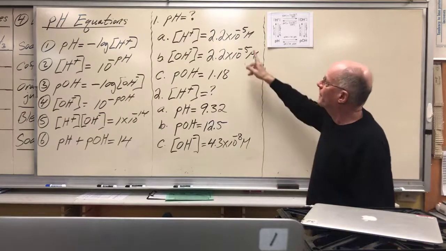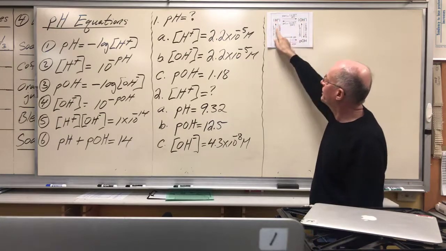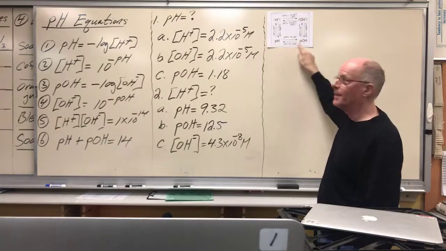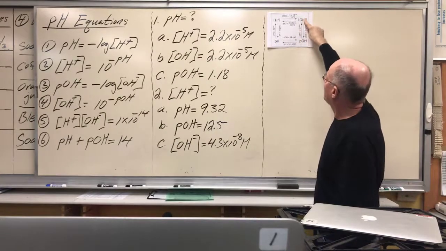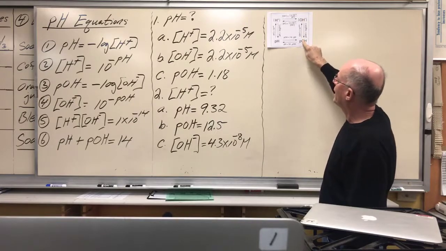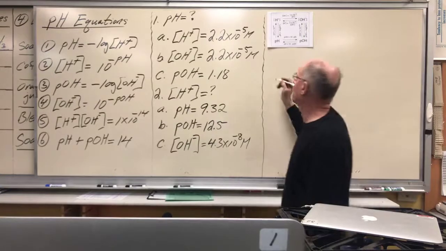Now the next one, you want pH from the hydroxide ion concentration. So notice there's 2 steps that you would have to take, and there's 2 different paths that you can take. So let me do this path first. I'm going to convert the hydroxide to pOH, and then convert it to pH. So there's 2 equations, or two steps for this.